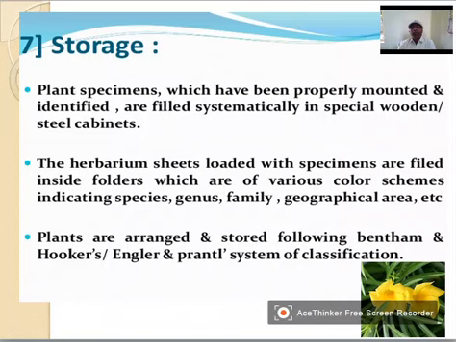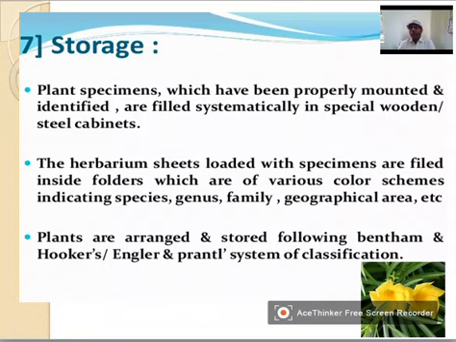Now, storage. The plant specimens which have been properly mounted and identified are filed systematically in special wooden or steel cabinets.